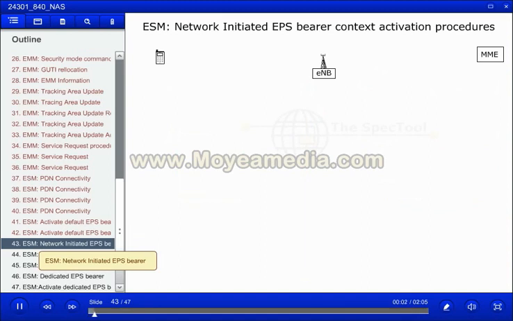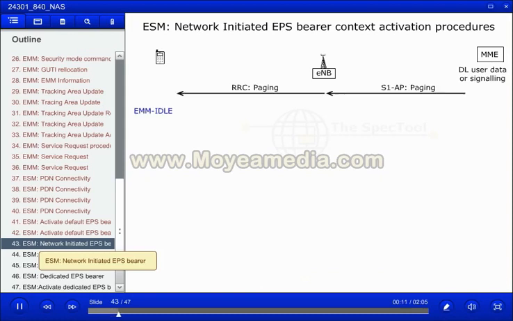When there is downlink pending data, user data or signaling, the network initiates the procedure by paging the EMM idle UE. Paging is a NAS procedure, but there is no defined NAS message for paging.